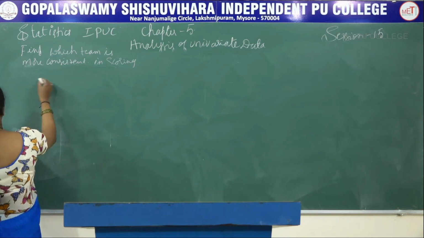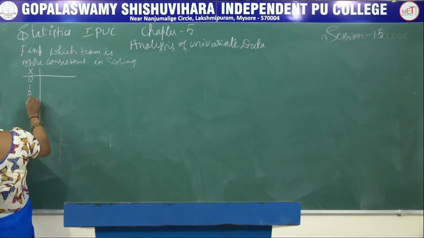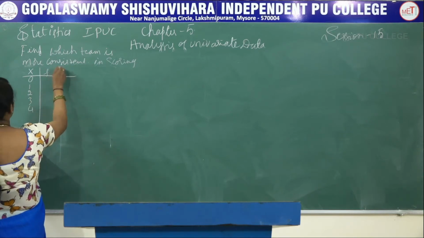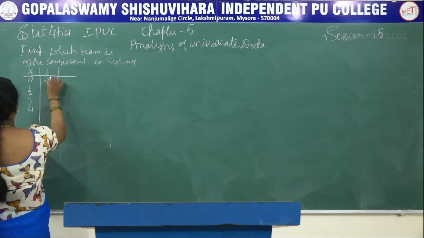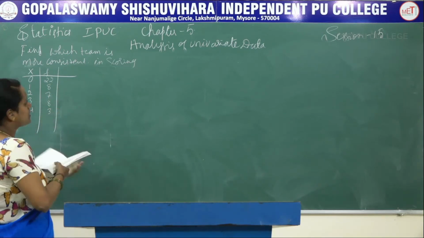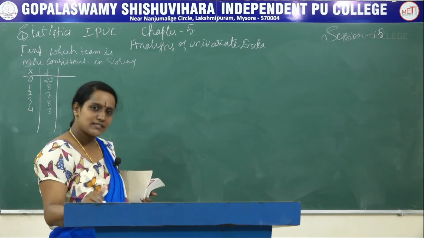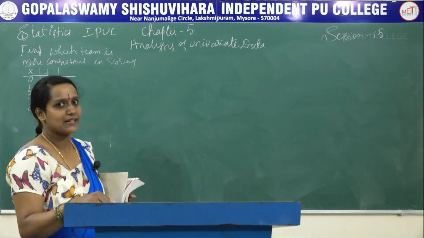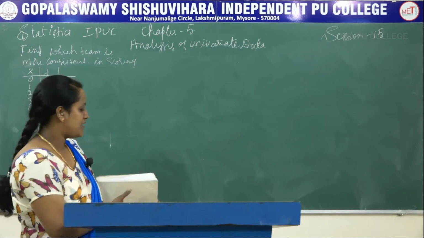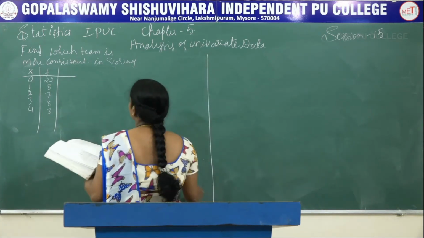X value is 0, 1, 2, 3, 4 and frequency for team A is 22, 8, 7, 8, 3. You know that this is discrete data. For this data first we have to calculate the mean and standard deviation.